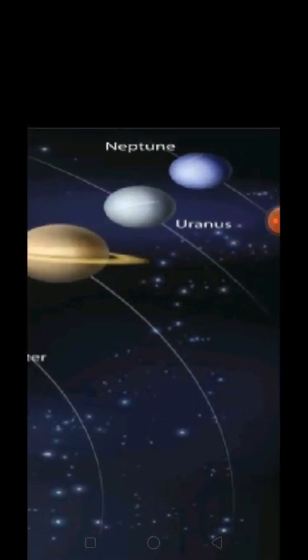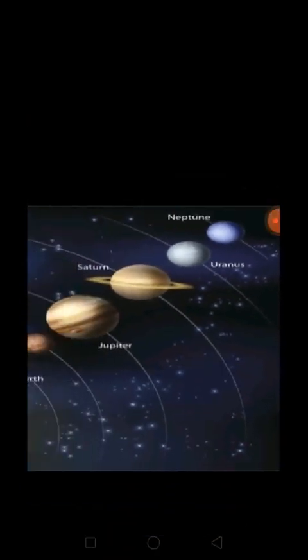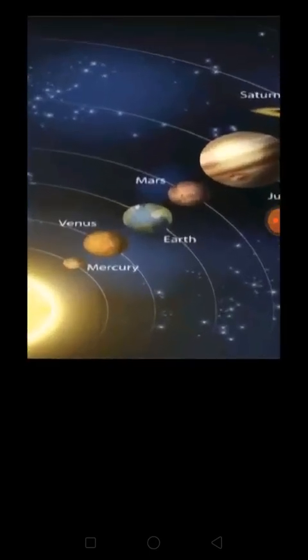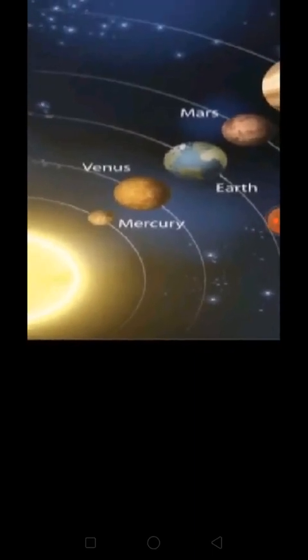Understood? These are the 8 members of our planetary system. Now, out of these 8 members, we are talking about the first 4 only: Mercury, Venus, Earth, and Mars.